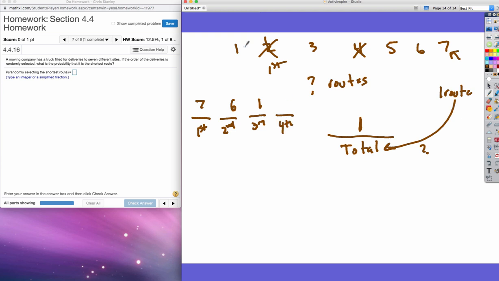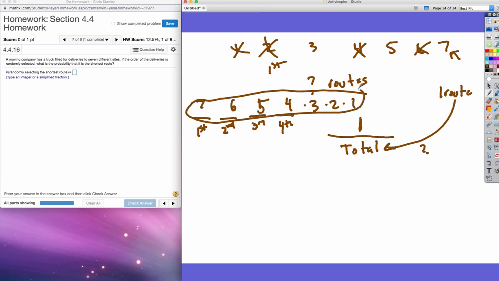Now they're on their fourth. 1's gone. 6 is gone. So that should be a 5, by the way. 4. These represent how many picks they have left. So it's 7 factorial. That's how many routes there are.